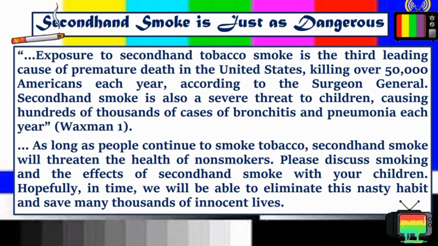Exposure to secondhand tobacco smoke is the third leading cause of premature death in the United States, killing over 50,000 Americans each year, according to the Surgeon General. Secondhand smoke is also a severe threat to children, causing hundreds of thousands of cases of bronchitis and pneumonia each year.